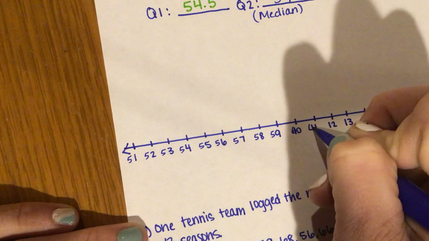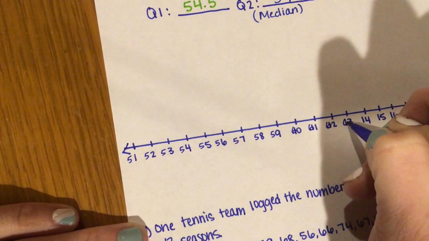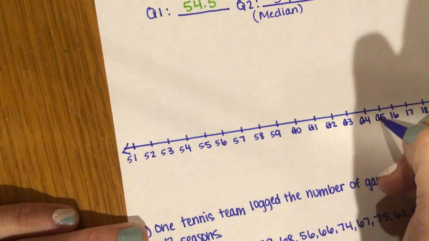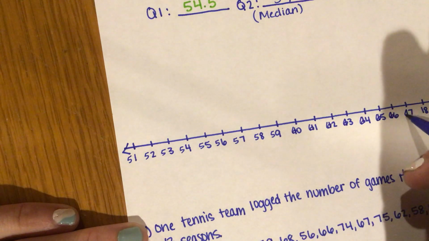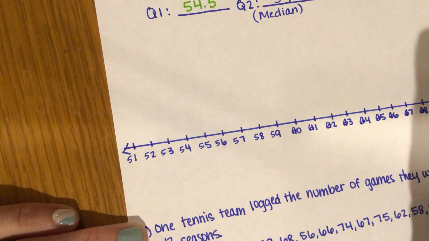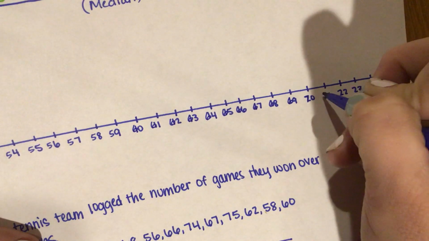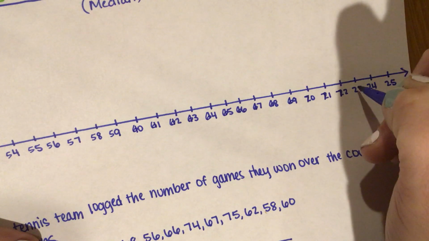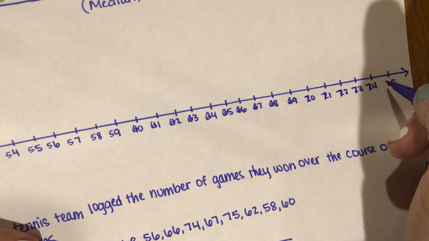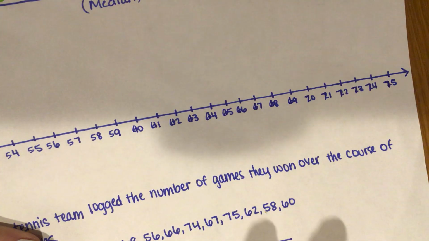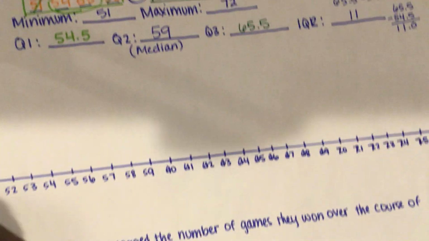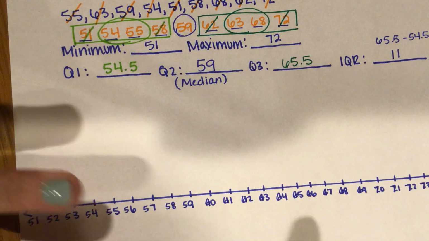This would be 60, 61, 62, 63, 64, 65, 66, 67, 68, 69. This is 70, so 71, 72, 73, 74, 75. Sorry. I wasn't paying attention to my numbers when I labeled.